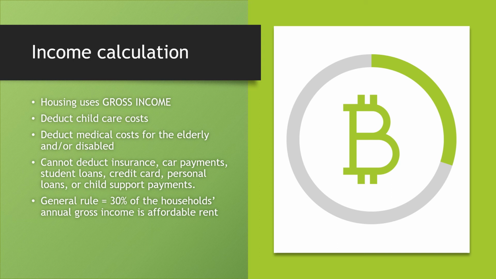Housing providers cannot deduct insurance, car payments, student loans, credit card payments, personal loans, or child support payments made. These are rules set forth by Congress. As a general rule, look at 30% of the household's annual gross income as being the affordable rent.